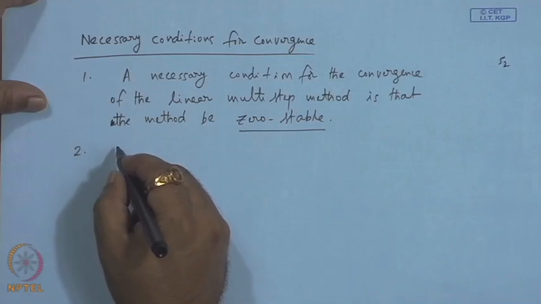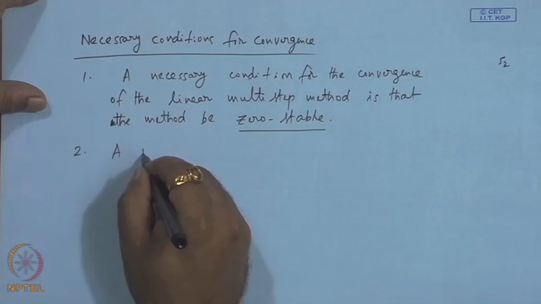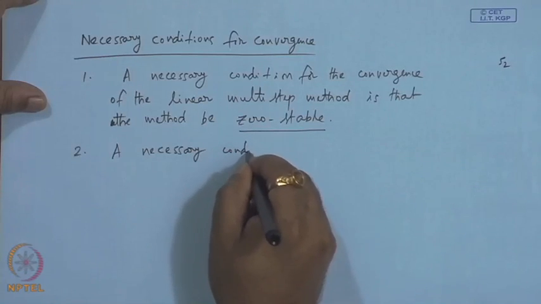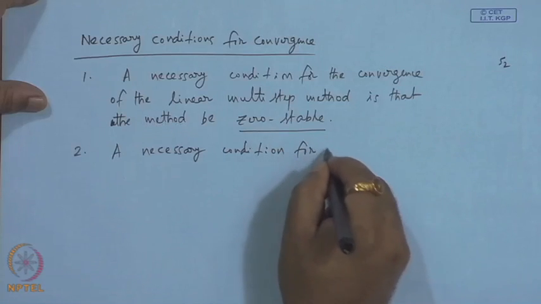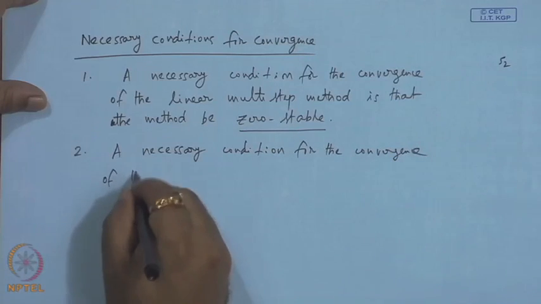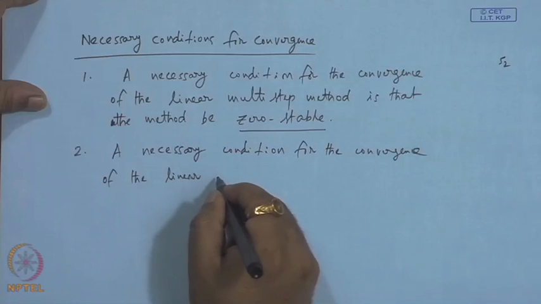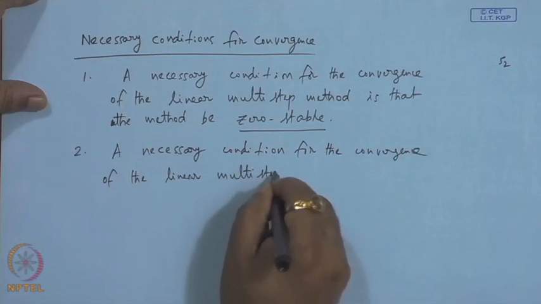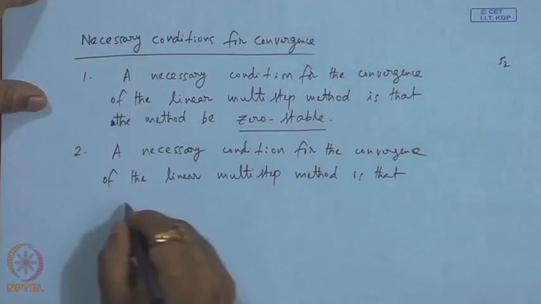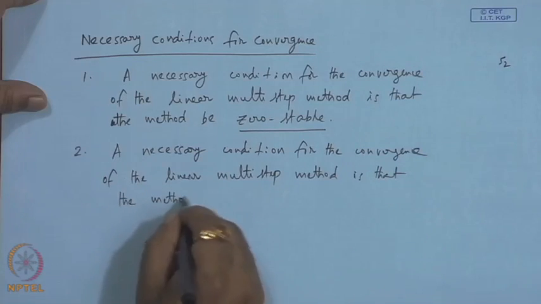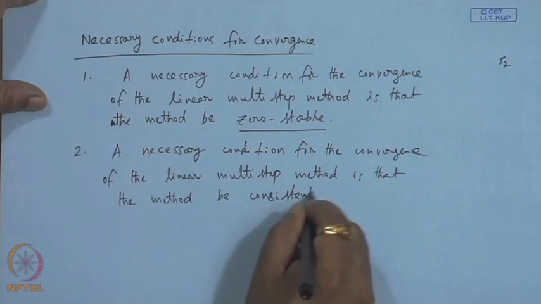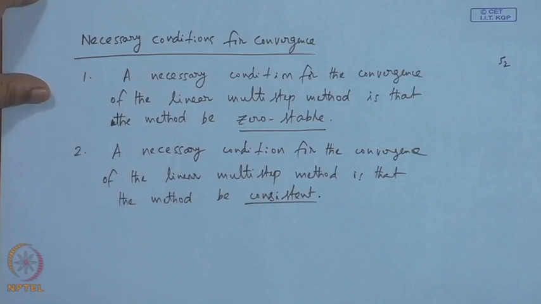Two, a necessary condition for the convergence of the linear multistep method is that the method be consistent, I am underlining.